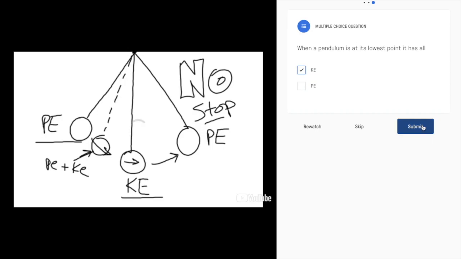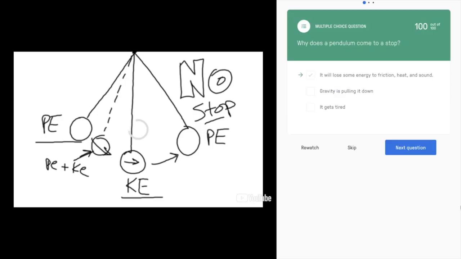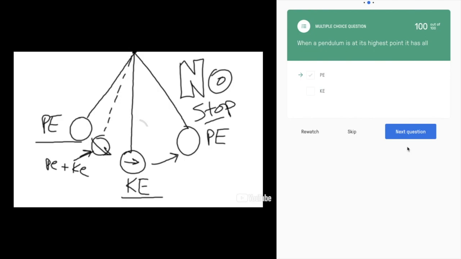Let us submit. For the first question, you got it right. Why does a pendulum come to a stop? It will lose some energy to friction, heat, and sound. Very good. Let us see if you got the second question right. Very good. You got it all right.